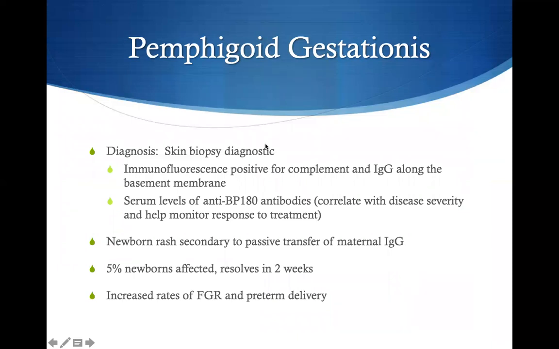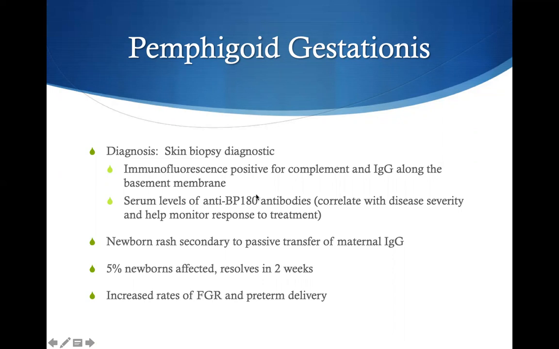You can measure what are called serum levels of anti-BP180 antibodies. These correlate with disease severity and help monitor a patient's response to treatment. But quite honestly, I don't think you need to do that, because you can measure their response to treatment just based on their symptomatology and how their rash is improving.